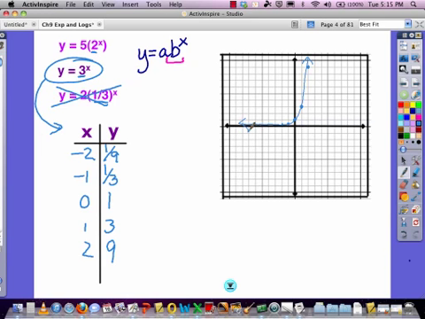And in this case, remember, we could sit here and say a was really 1, b was 3, b represents the growth factor. So this time the thing is growing by a factor of 3 every time, every new value you put in. And that's exactly what shows up in the XY table, and that's exactly what shows up in our graph. Okay. So exponential curve, this is an exponential growth equation.